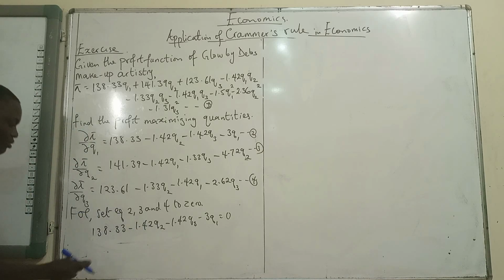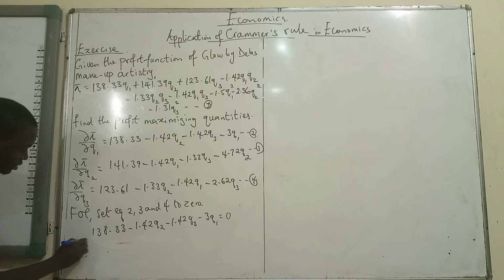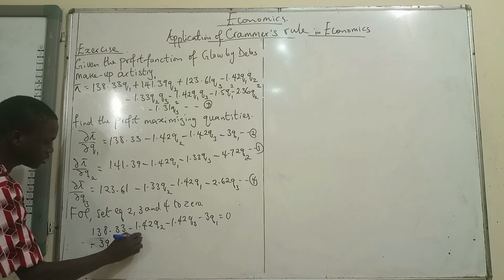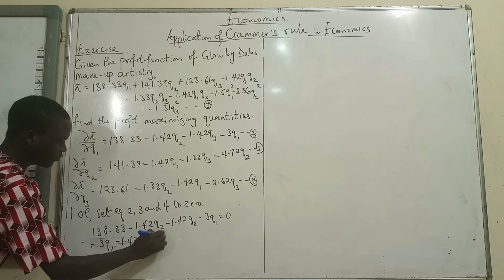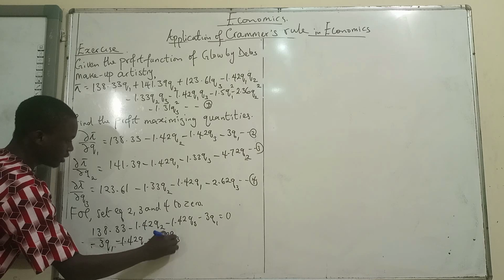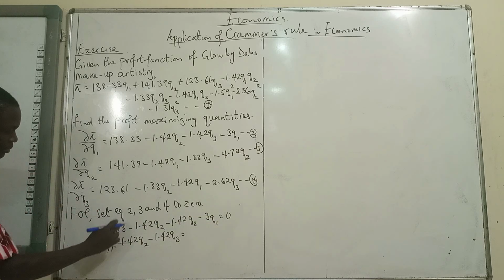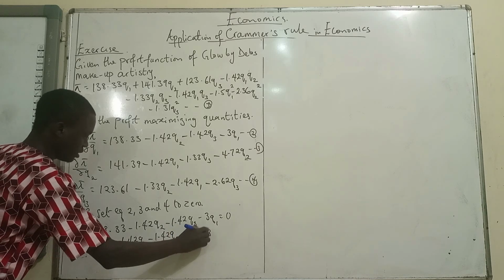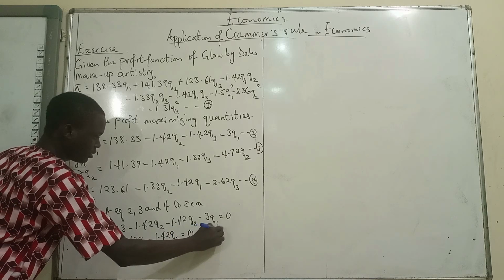So when we collect items, this becomes minus 1.42. Let me just rearrange it. So minus 3 Q1 minus 1.42 Q2 minus 1.42 Q3 equals 0 minus 138.33.